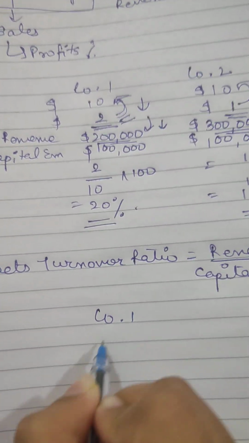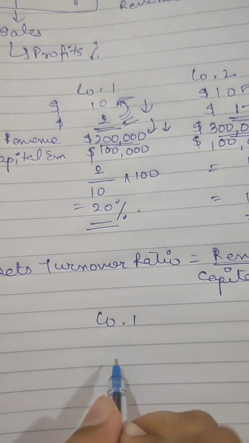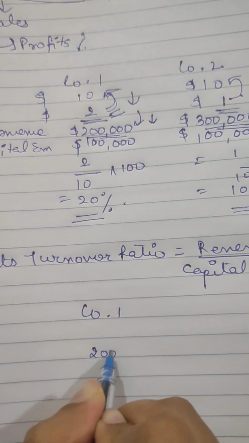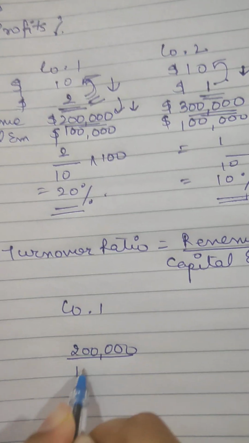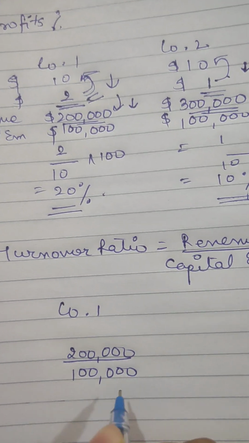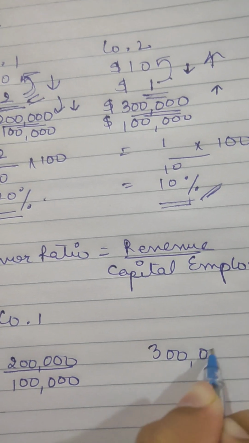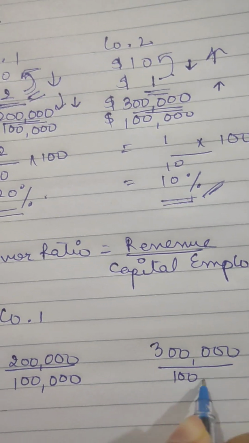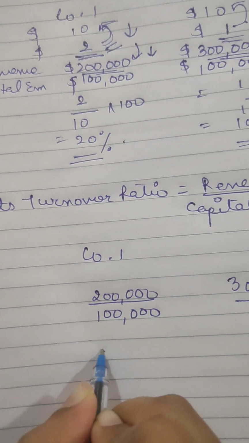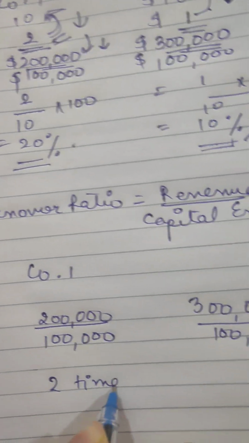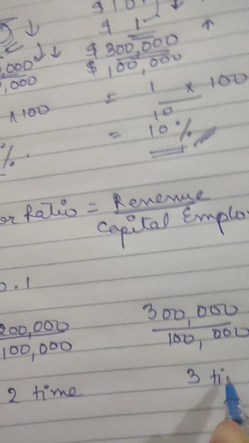In company 1, our assets turnover ratio will be 200,000 upon 100,000, while in case of company 2, it will be 300,000 upon 100,000. Here we will have 2 times, while here we have 3 times.